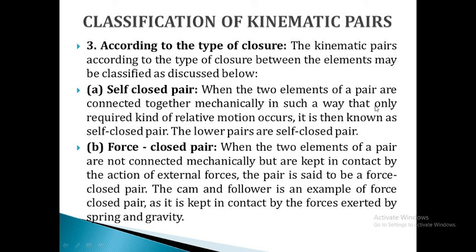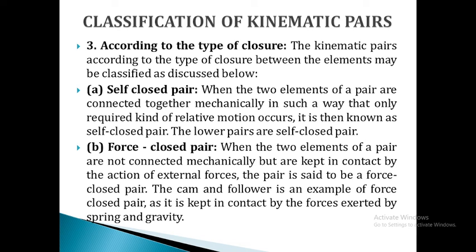Okay, now come to the last classification, according to the type of closure. The kinematic pairs according to the type of closure between the elements may be classified as self-closed pair and force-closed pair.